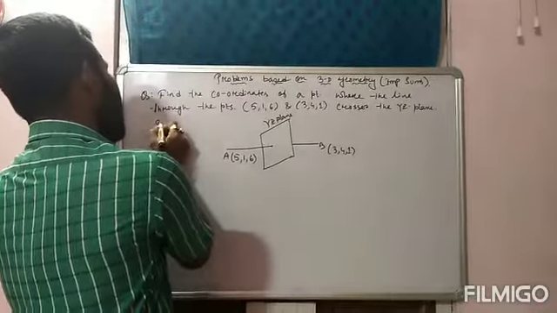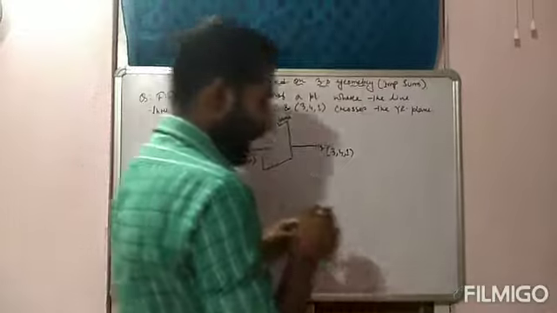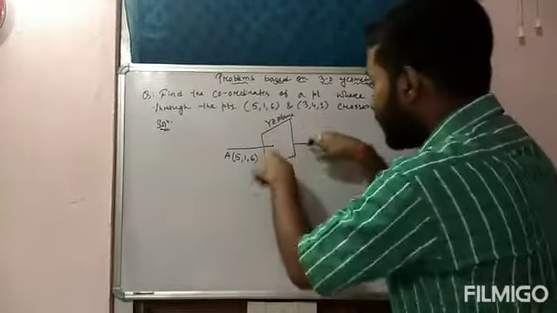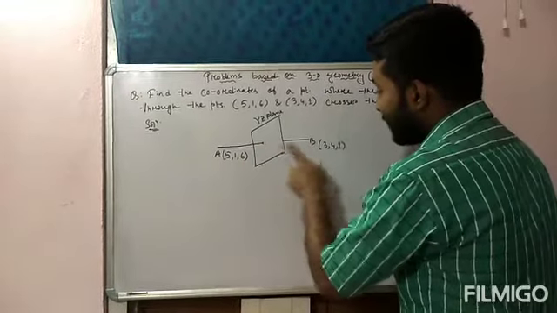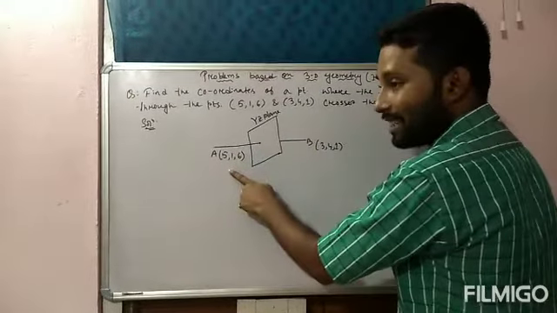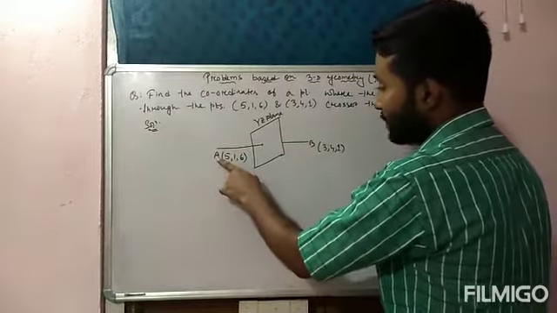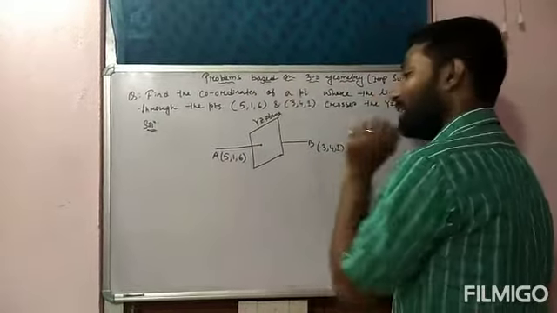Okay, ये है ये क्वेश्चन का डायग्राम. This is YZ plane and the line is passing through these 2 points. I have considered the 2 points, small a and capital letter B.